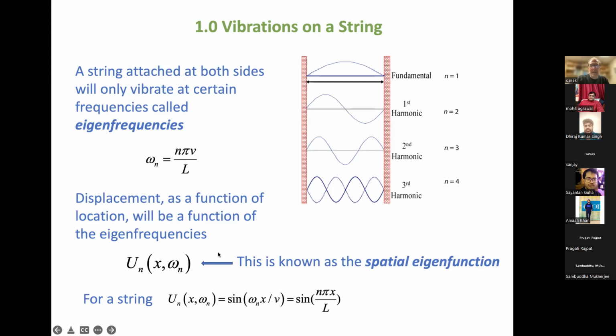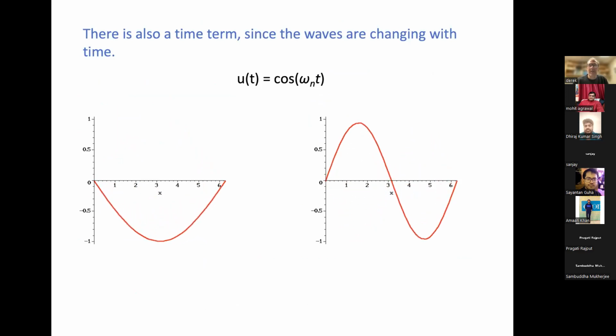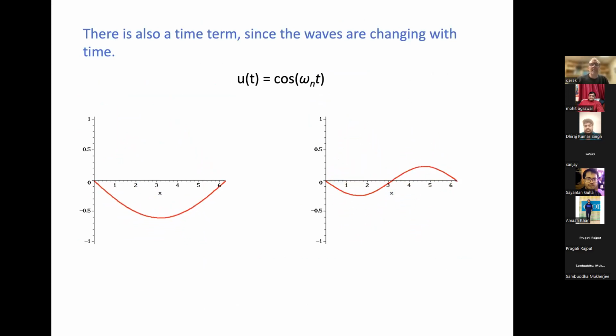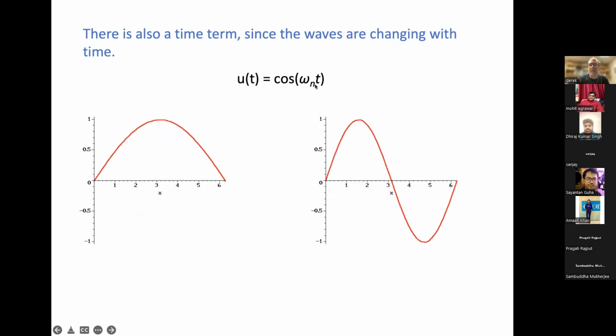And omega sub n is given up here as n pi v over L. So our spatial eigenfunction for a string is sine of n pi x over L, where L is the length of the string, x is the location along the string, and n is an integer. There's also a time term since the waves are changing with time. And that time term is cosine of your eigenfrequency times t.